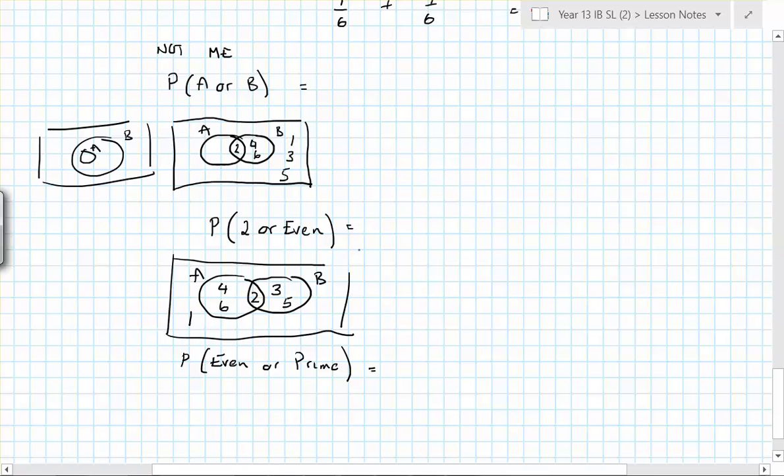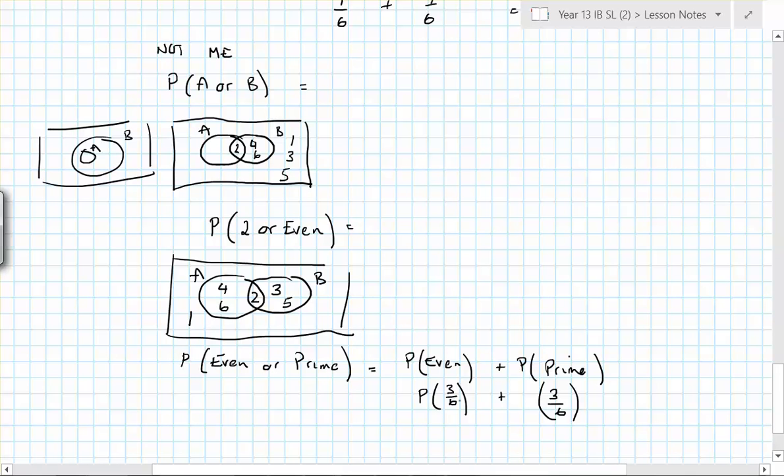But if I were to do the probability of even plus the probability of prime, the probability of even is 3 out of 6, plus the probability of getting a prime is 3 out of 6.